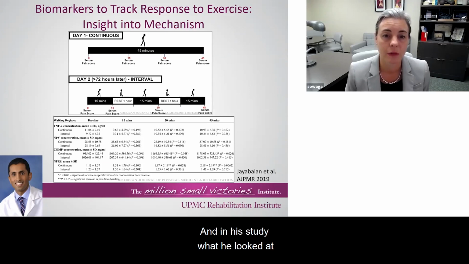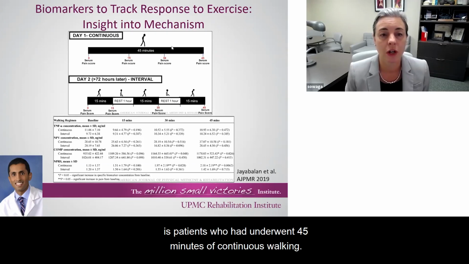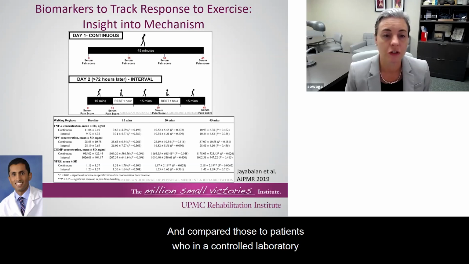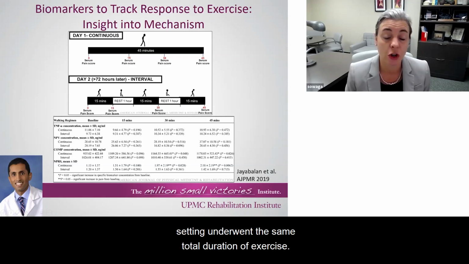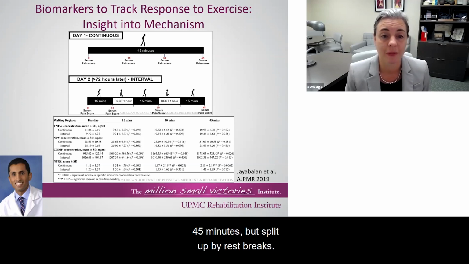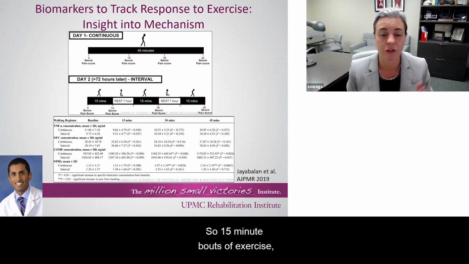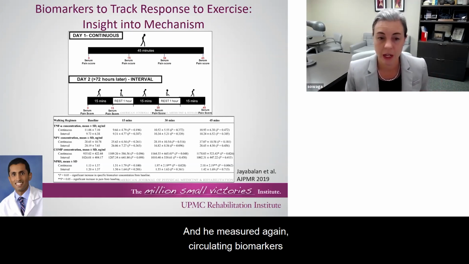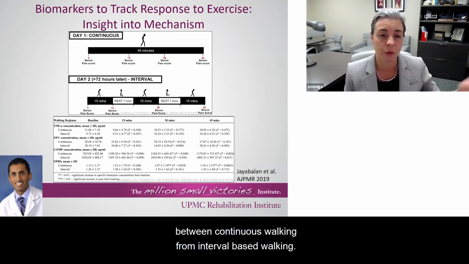In his study, he looked at patients who underwent 45 minutes of continuous walking and compared those to patients who, in a controlled laboratory setting, underwent the same total duration of exercise, 45 minutes, but split up by rest breaks. So 15-minute bouts of exercise separated by 1 hour rest breaks. And he measured, again, circulating biomarkers in these patients to compare the difference between continuous walking and interval-based walking.